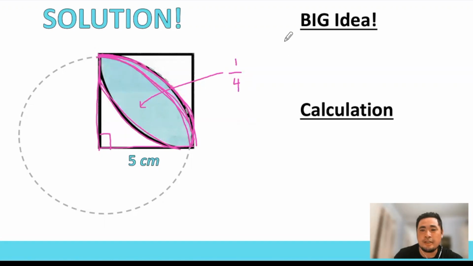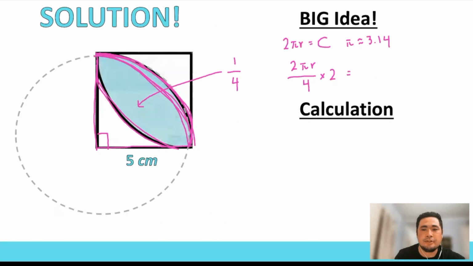So for the big idea, let's just start with the circumference equation. 2 pi r is equal to the circumference, and we can refer to pi as roughly 3.14. And so again, for our big idea, we're going to take the entire circumference of 2 pi r, divide it by 4, which gives us the top region, and then multiply the answer by 2 for the bottom part.